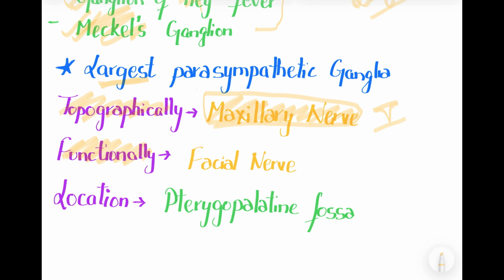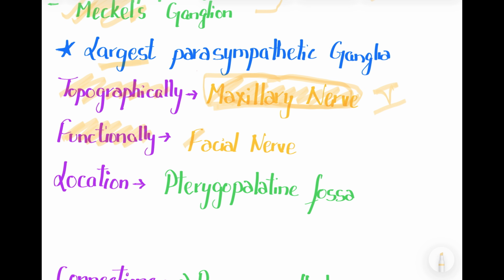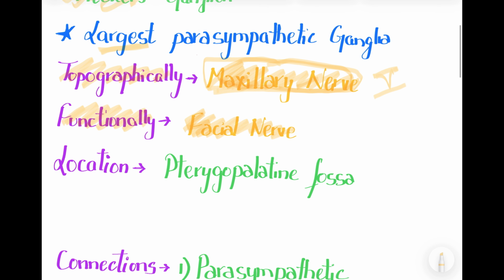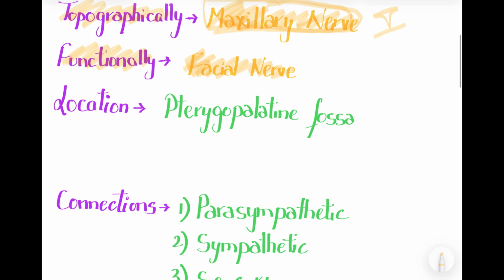But functionally, fibers of the facial nerve are carried through this ganglion. So functionally it is connected to the facial nerve, and topographically to the maxillary nerve. As for location, it lies in the fossa called the pterygopalatine fossa.